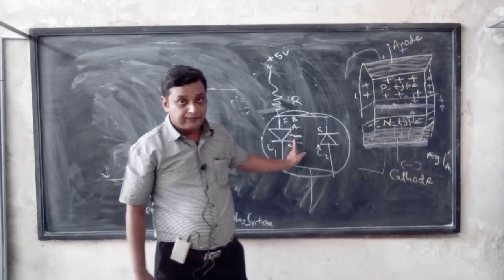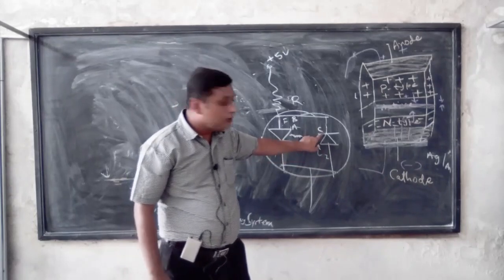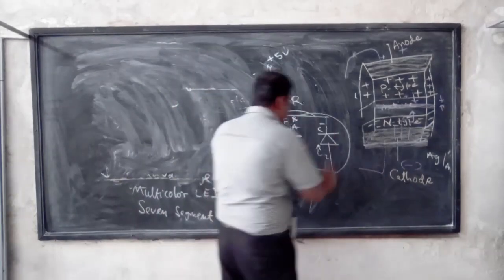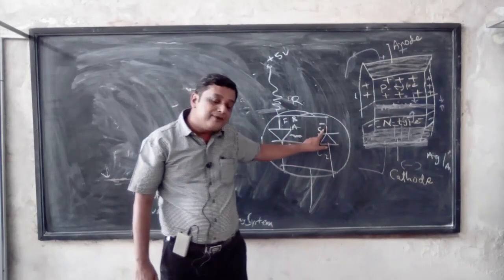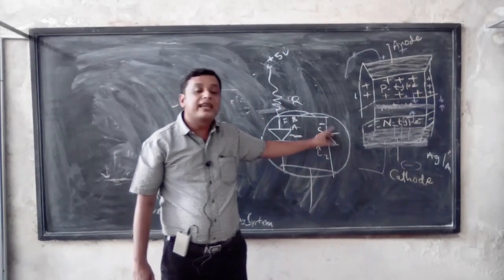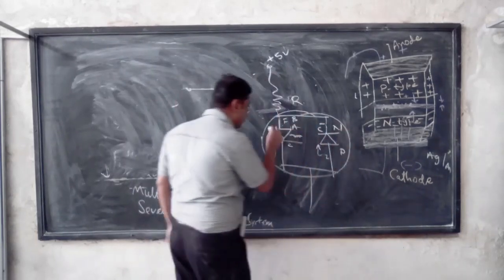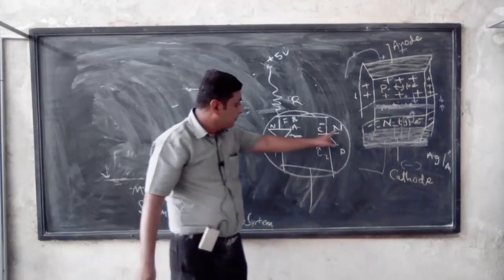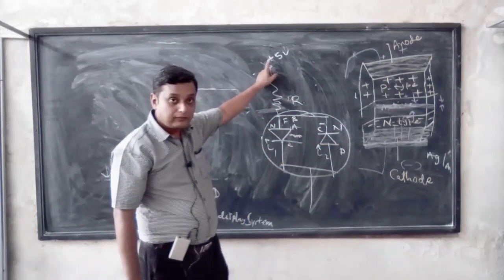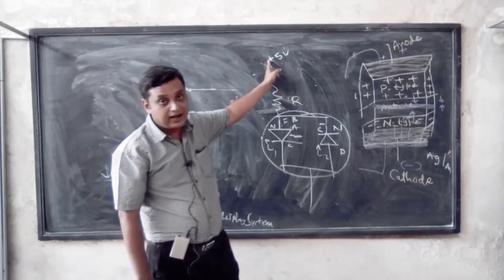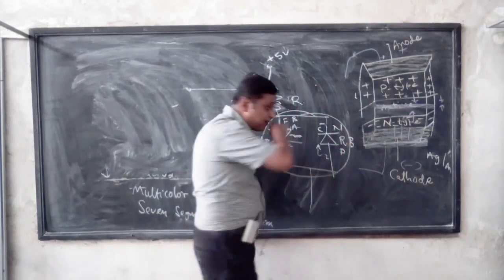Since in LED 2, cathode means negative terminal of this LED, the N-type of this light emitting diode is connected with the positive terminal of the battery, and that's why this LED is under the condition of reverse bias.